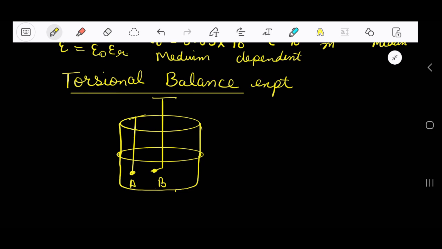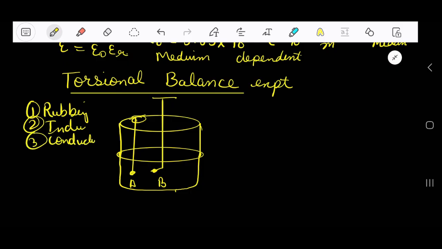But when body A was removed and charged, we have seen in our last class the ways of charging a body: by rubbing, by induction, and by conduction. These three methods we have seen to charge a body.